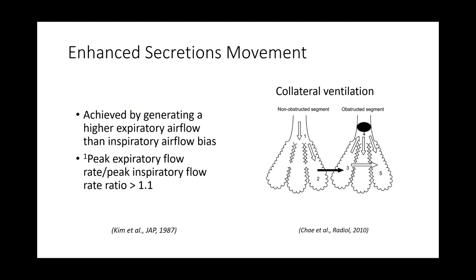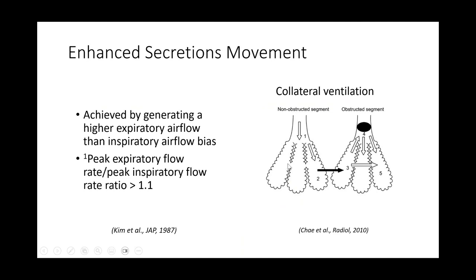In addition to creating an expiratory airflow bias, we know that in the diseased lung and older lungs there are channels of collateral ventilation. And we can utilise those in order to help mobilise secretions. During quiet breathing, these channels are closed.